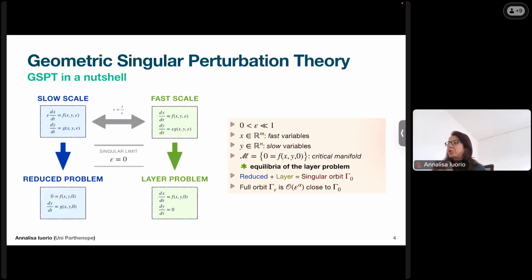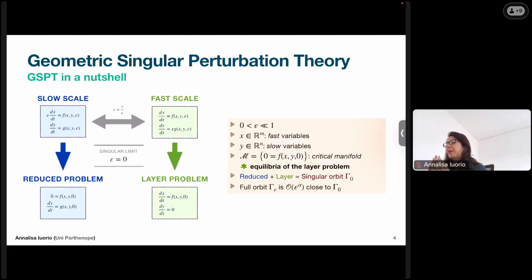If you patch the information from these two subproblems, you get a skeleton that you can call gamma 0 for your singular orbit, a skeleton for the real orbit, that is the orbit that solves the real original problem where epsilon is positive but small.